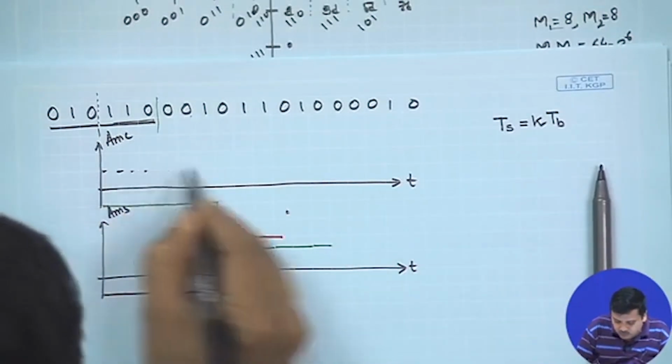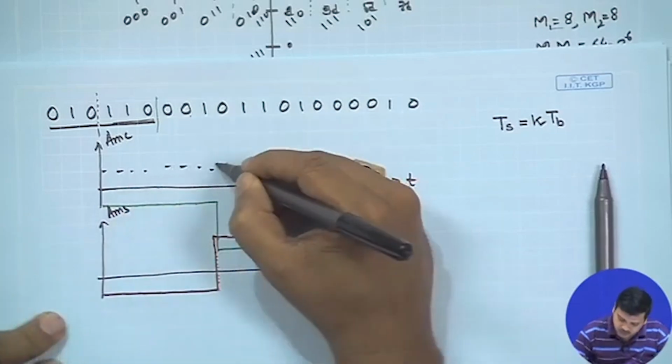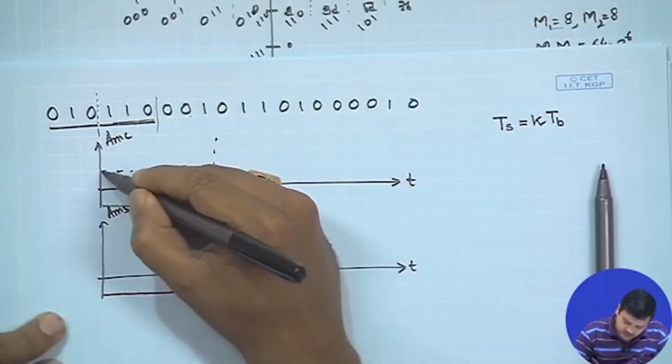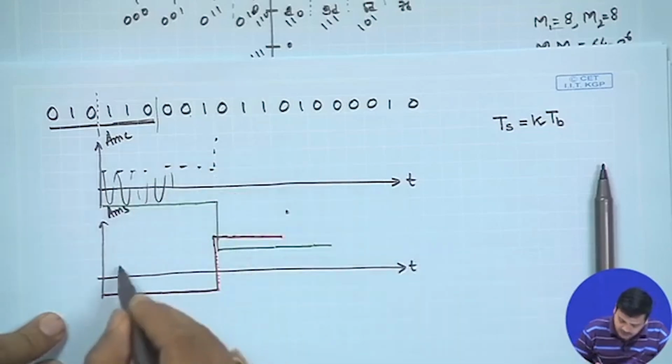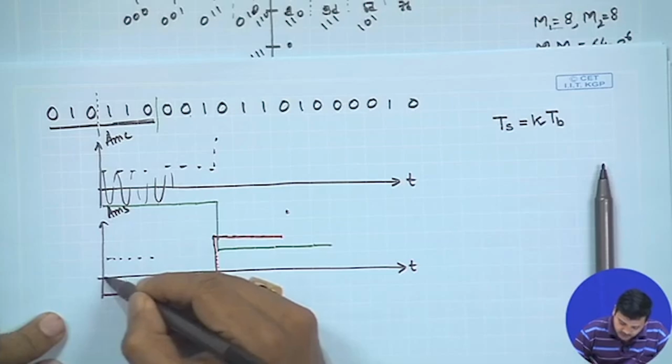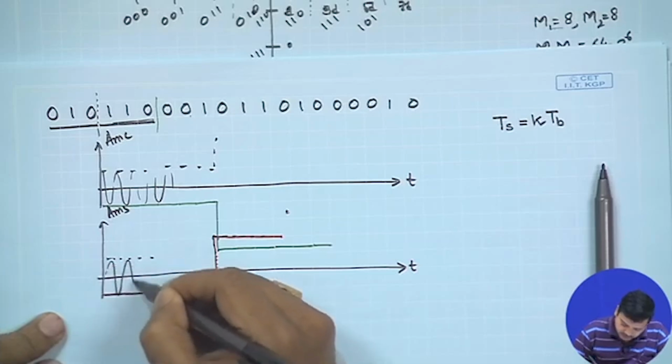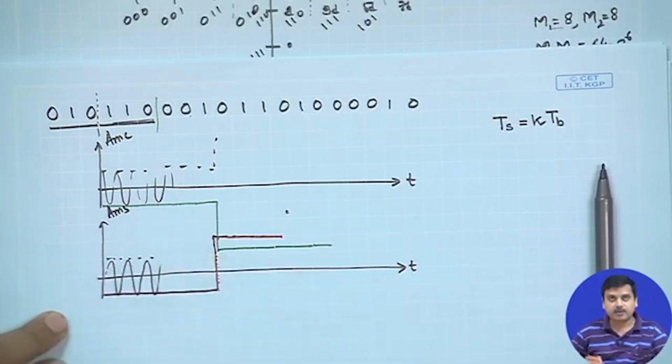So, you will be getting a cosine wave, and here you will be getting a sine wave of the same frequency, right, and when they are mixed together is what will be generated at the output.